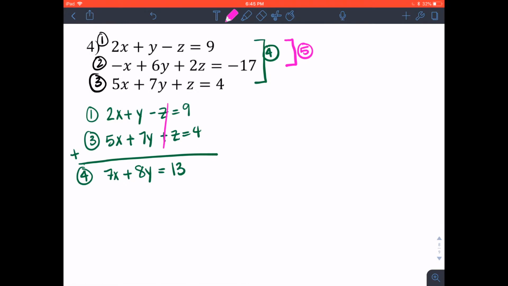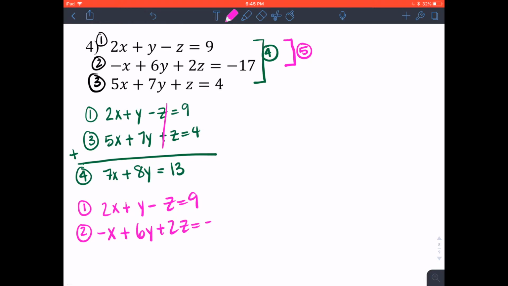So equation 1 and 2, let's see what equation 1 was. 2x plus y minus z equals 9. I'm just rewriting these equations. Negative x plus 6y plus 2z equals negative 17 is equation 2.